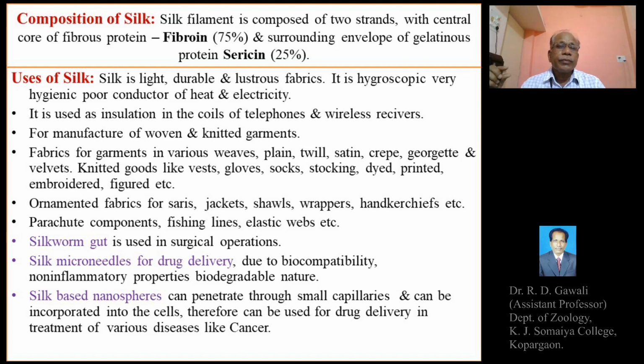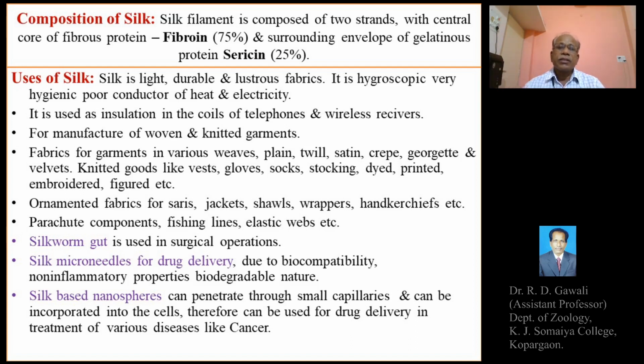is used for the preparation of silk microneedles. So these are silk microneedles, which are used for drug delivery, and this is because of its biocompatibility. The silk has biocompatibility, non-inflammatory properties, then biodegradable nature.